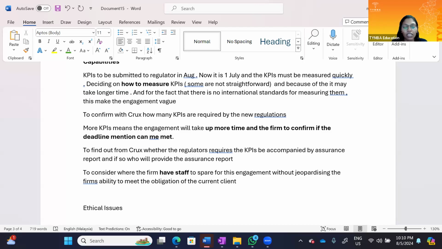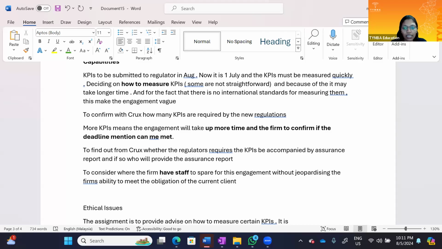The assignment is to provide advice on how to measure certain KPIs.